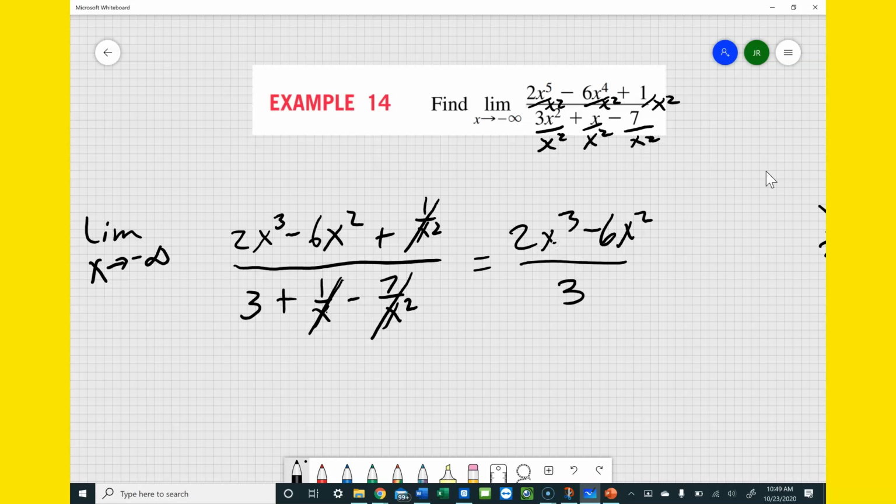If we put negative infinity in there, negative infinity cubed is going to be negative infinity. And negative infinity squared is positive infinity, but it's minus positive infinity. So we have negative infinity minus infinity, which is still even more negative infinity. So this thing goes to negative infinity. So the answer to this limit, the limit of this function as x approaches negative infinity, is negative infinity.